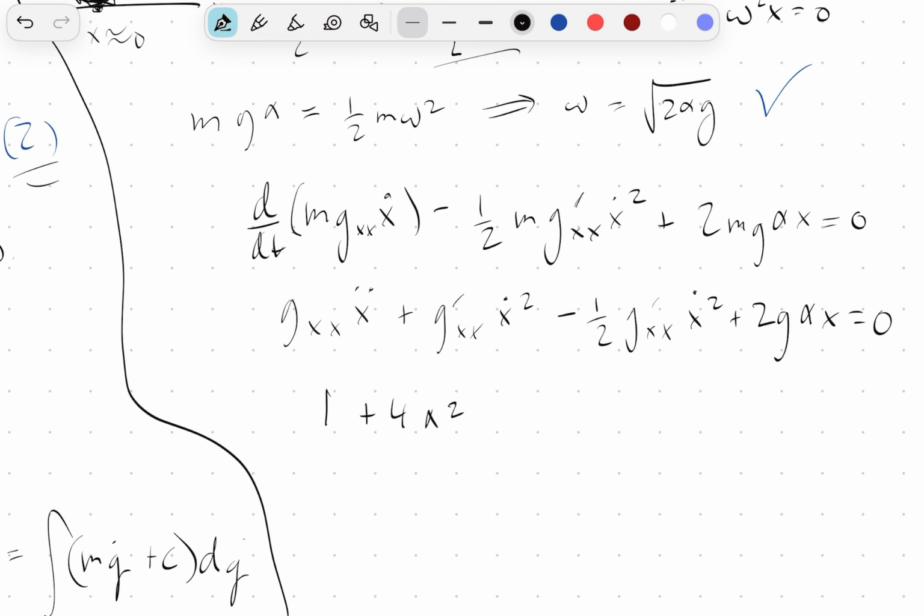With g_xx being 1 plus 4 alpha squared x squared, there's our curvature term, plus 4 alpha squared x dot squared, plus 2g alpha x equals 0. And that's the term for the curvature, but we also have this extra position-dependent term that comes from the derivative of the metric.